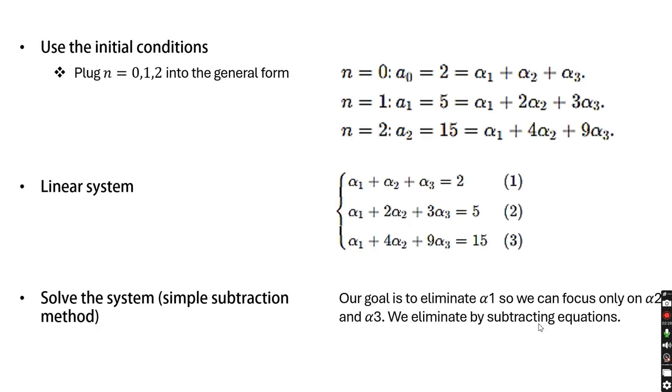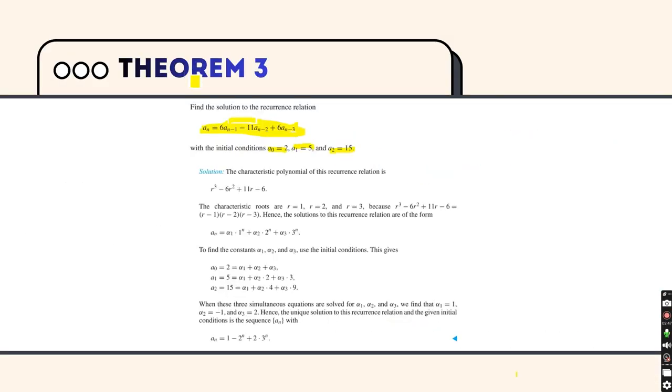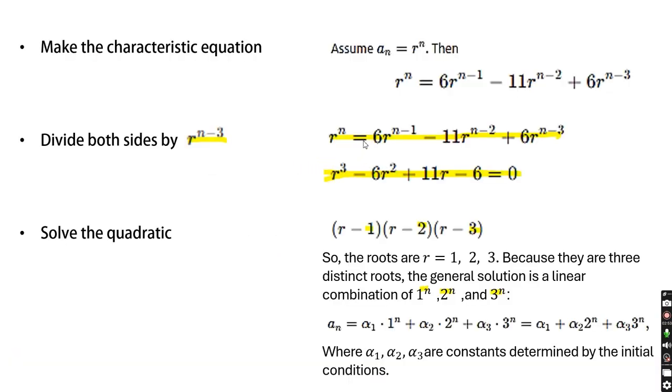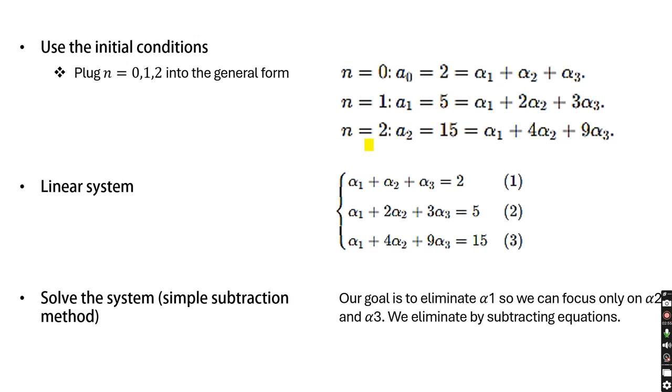So we will use the initial conditions. So first is i-plug in nato ang n values na 0, 1, 2 into the general form. And then based on the given nga problem, the initial na mga conditions, we have a0 which is 2, a1 is equals to 5, and then a2 is equals to 15.